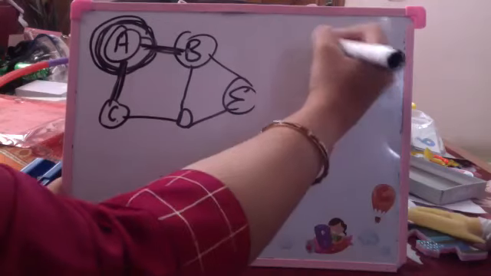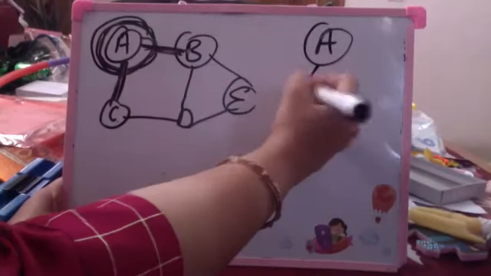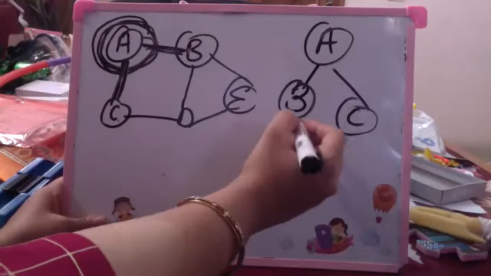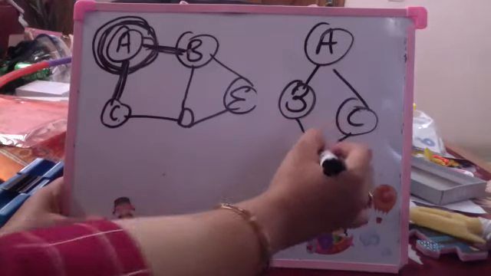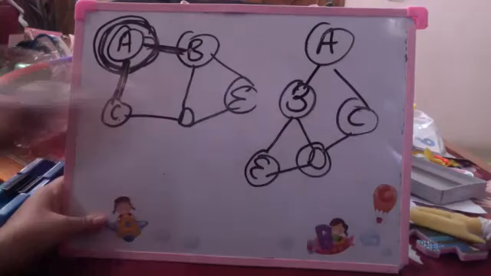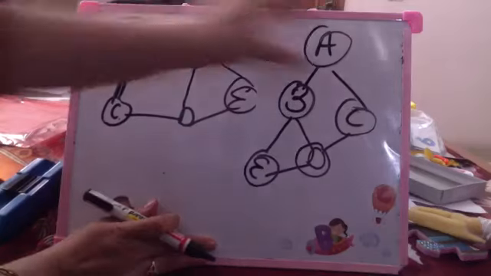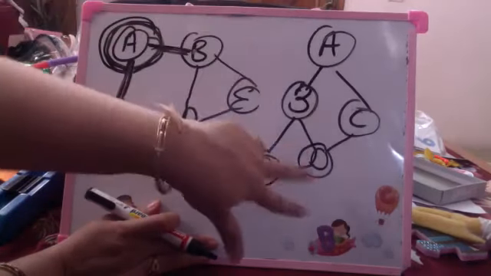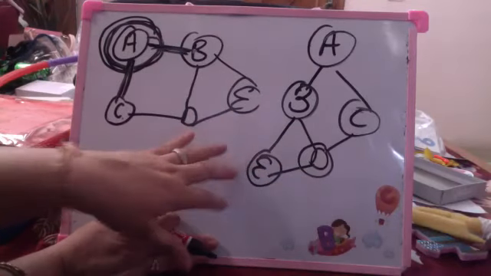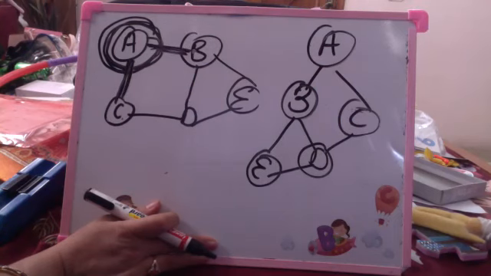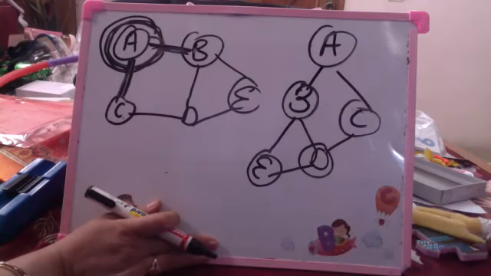I am having a node A which is connecting to B and C, and I'm having B and C which are connected to D, and B and D which are connected to E. Understanding? So I visit breadth wise. A will be visited first, then B, C. A's adjacent nodes get visited, then D will be visited because it is adjacent to B, then E since it's adjacent to B. Understanding? This is the basic breadth first search approach that we will be using.